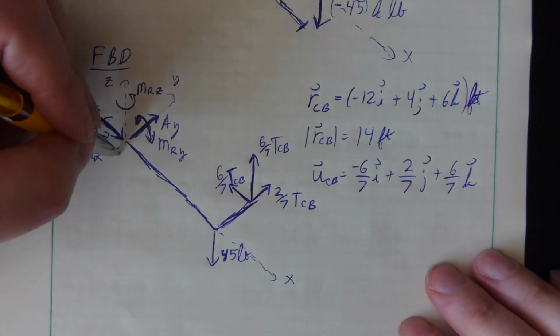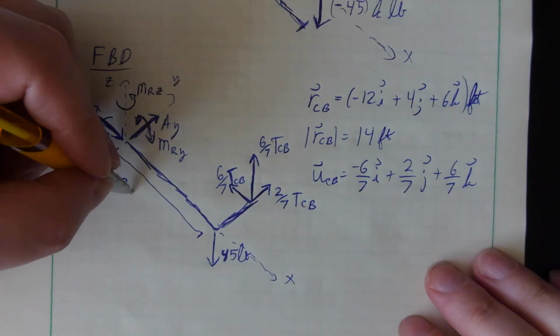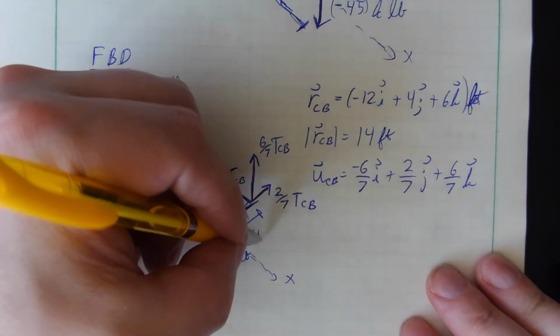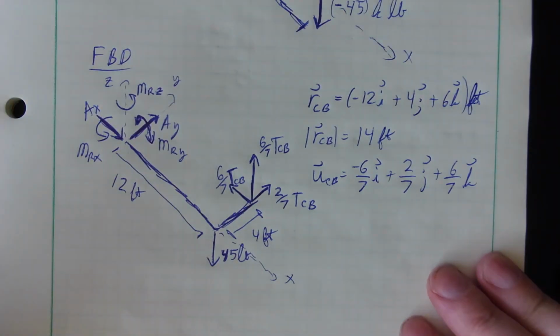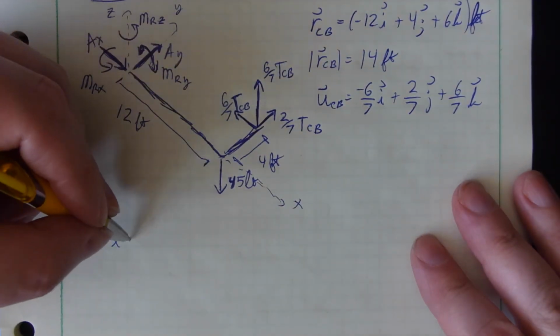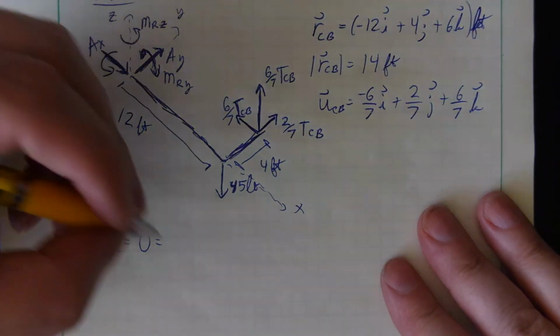You can include dimensions here. I'm going to need this 12 foot. I'm also going to need this 4 foot. Okay. Sum of forces, those work much like we've done before. Add them up, they should be 0. So everything in the x direction, I've got AX here.